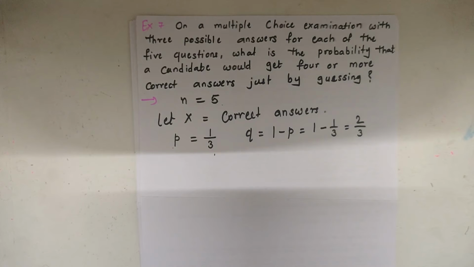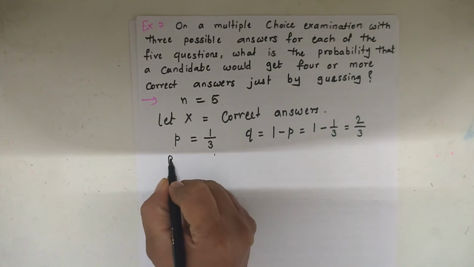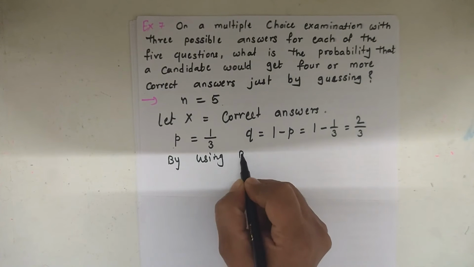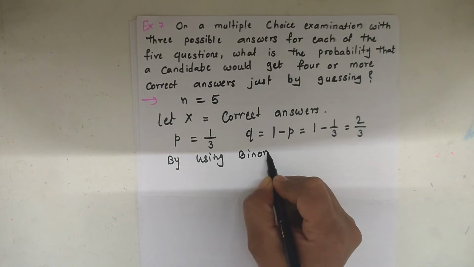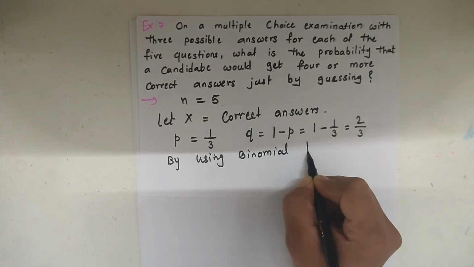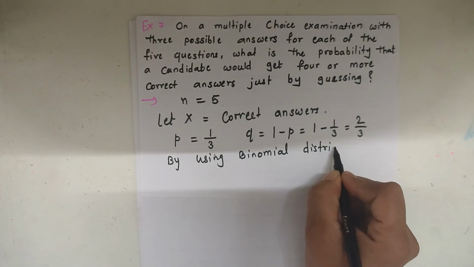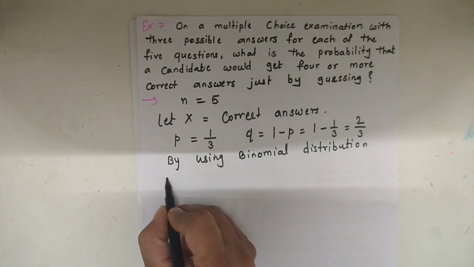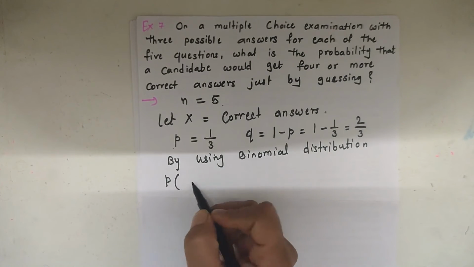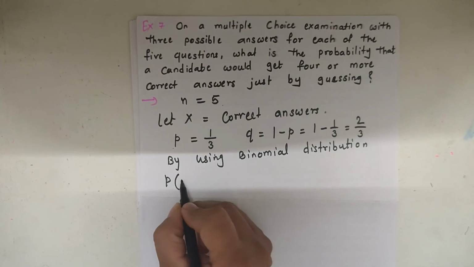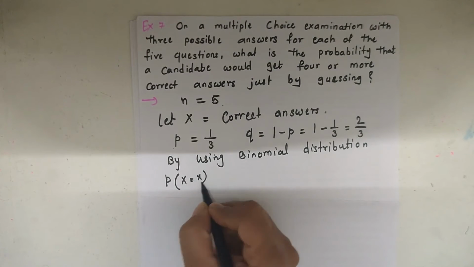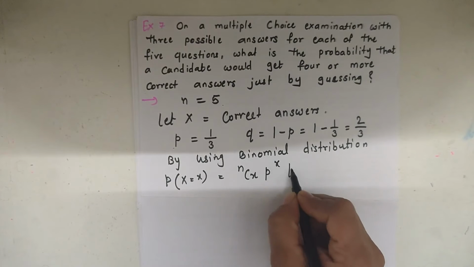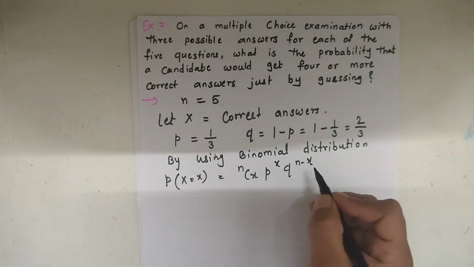So using binomial distribution, we get the probability for x is equal to nCx p raised to x into q raised to n minus x.